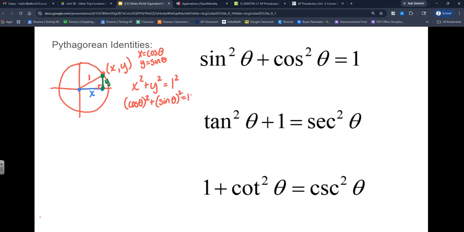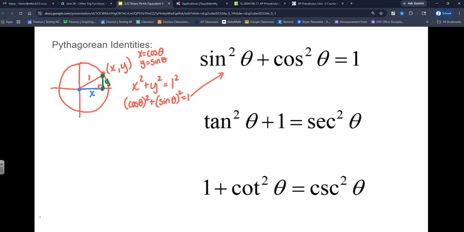And then here, all they've done, they put the sine first instead of the cosine, but does it matter which one's first? Not when you're adding, so you could write it with cosine first if you wanted. And then they used the notation where they put the little square right here with the sine instead of in parentheses there. And so this is where this comes from, right? Just a triangle on the circle. Sine squared theta plus cosine squared theta equals 1.